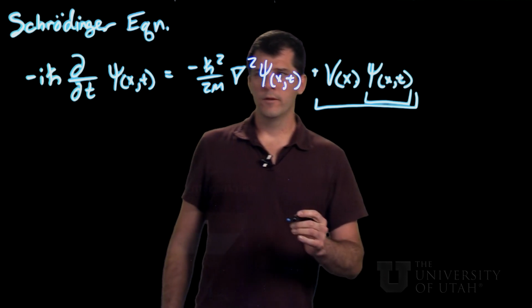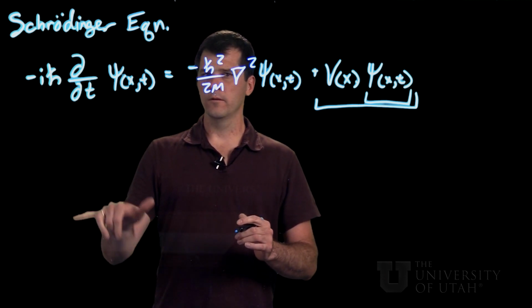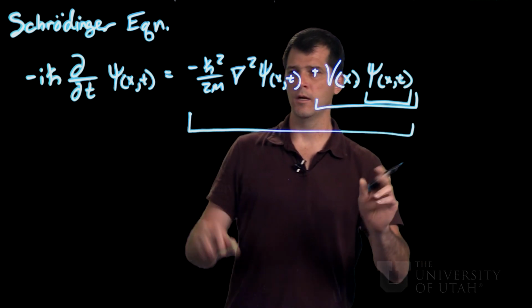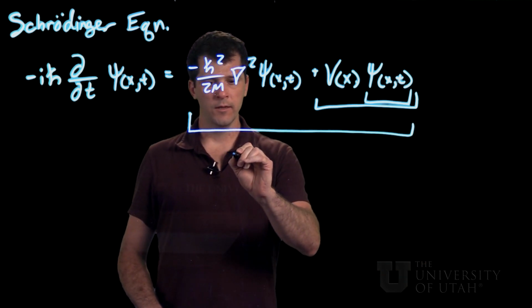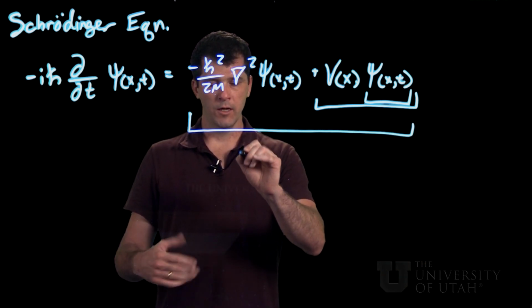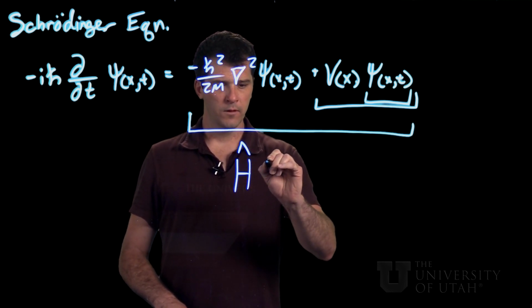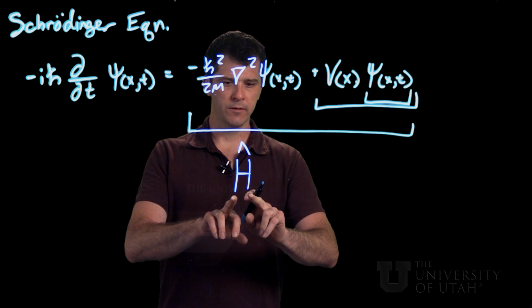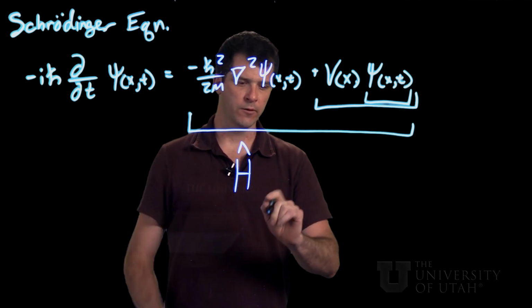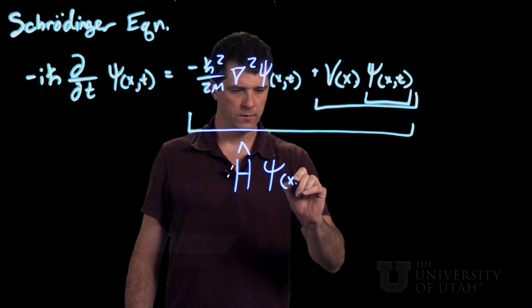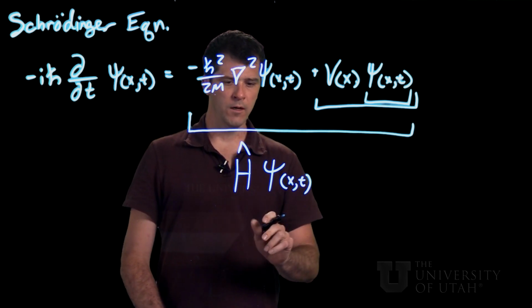Okay, now in physical terms, we can also group this whole side of the equation and just give it an operator notation. We usually use the H with a hat over it, meaning the Hamiltonian operator, and then we say H-hat psi equals this.